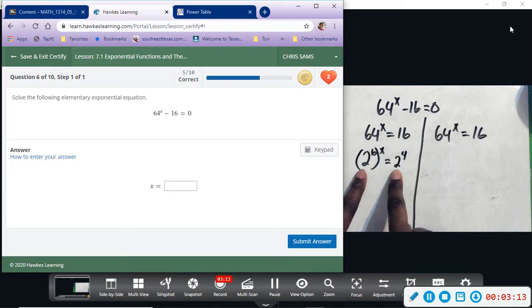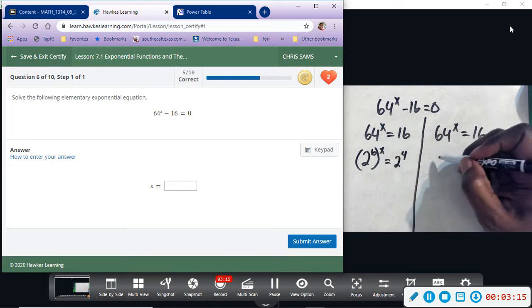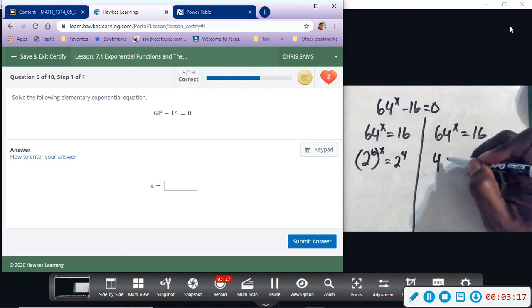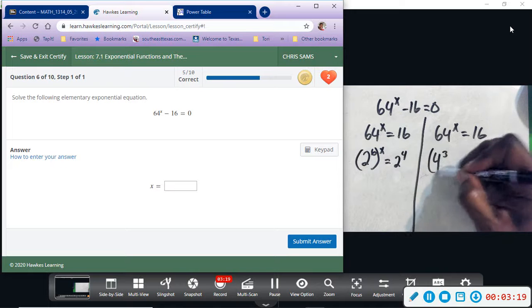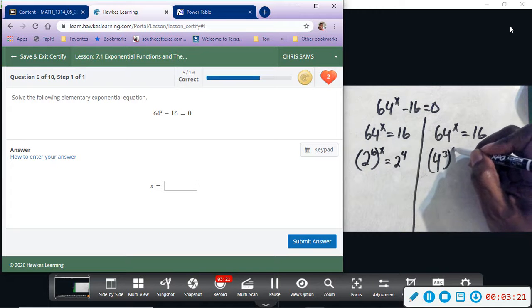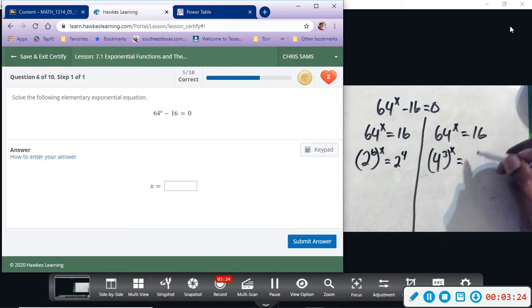This is what we mean by getting them with the same base. Also over here I'm going to do it with 4. 4 to the 3rd power was 64, and over here 4 squared was 16.